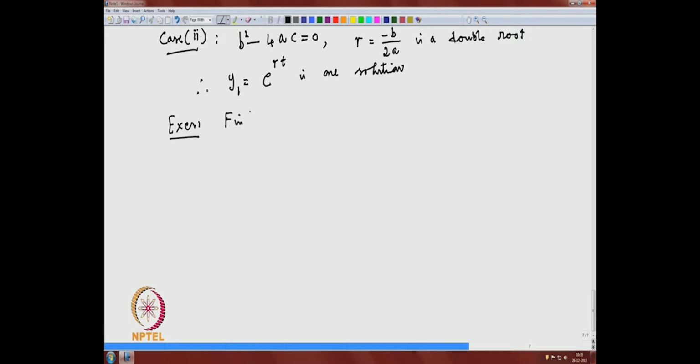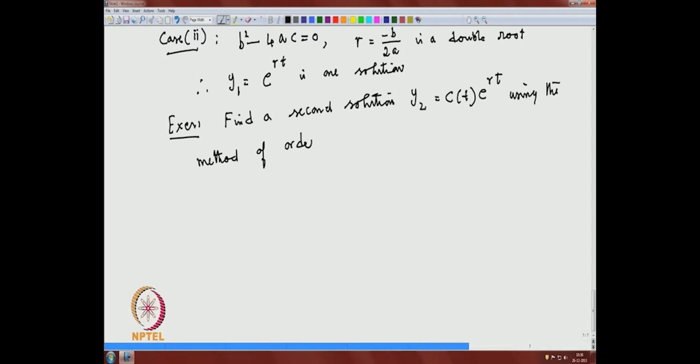Find a second solution y2 of the form C(t) times e power r t, using the method of order reduction.